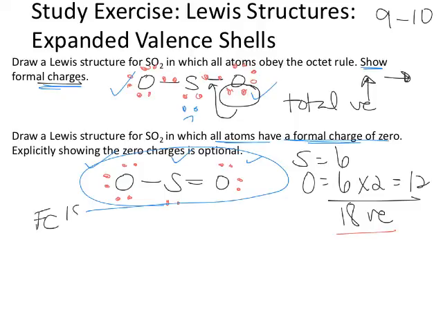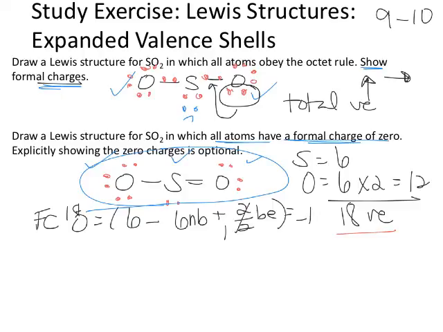Formal charge of your first oxygen. Well, 6 minus, there's 6 non-bonding electrons, plus 2 divided by 2 bonding electrons. So that ends up being a minus 1.